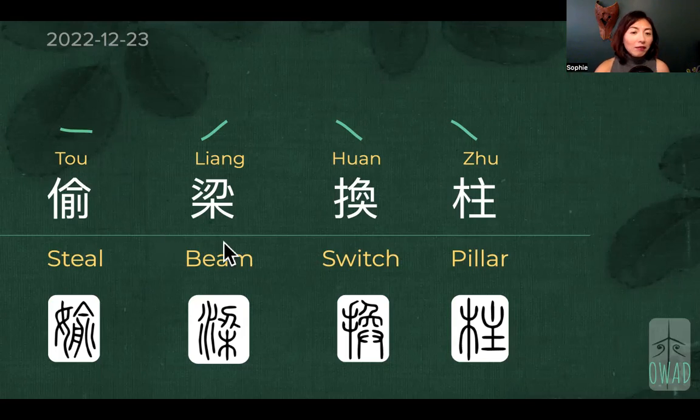Okay, then let's go to 梁. We have this water sign, originally five strokes, now simplified into three. I've seen that many times before. It's the mainstream in the middle, and the side streams are less continuous, and can get interrupted when they get closer to the banks of the river.